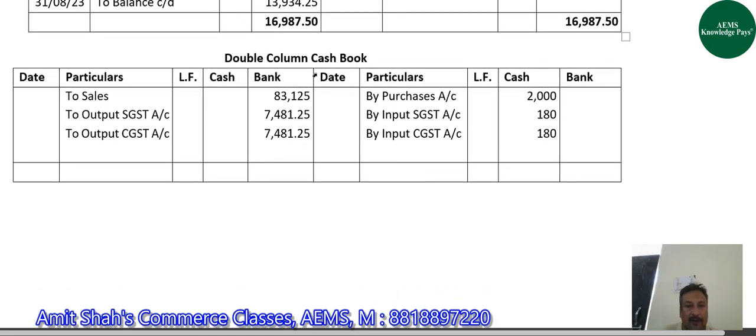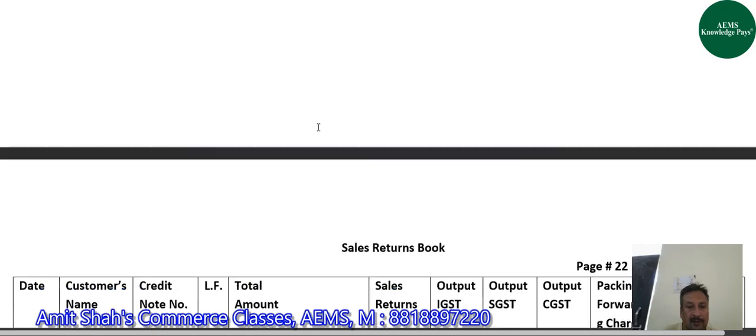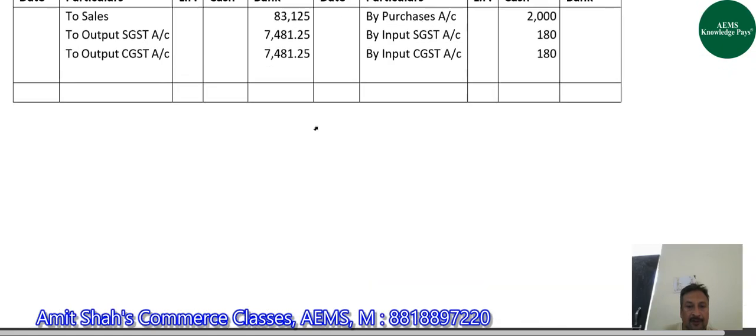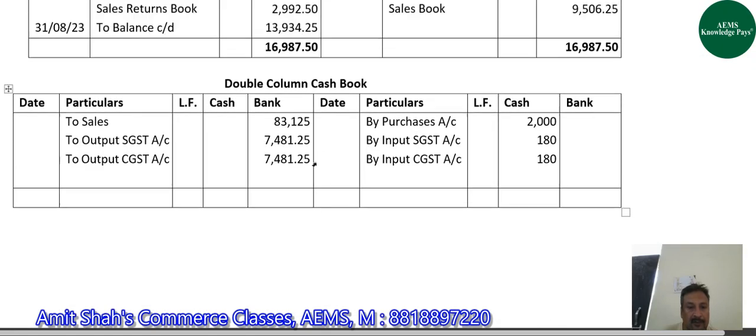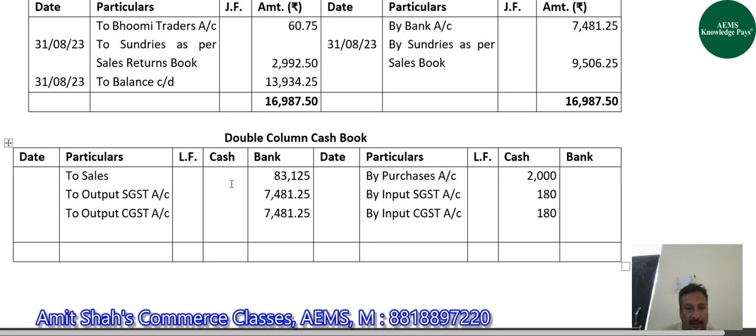Now we have double column cash book. This also needs to be closed. Okay, guys, we do not have any balance of cash given in this question at the beginning of August month. But obviously there must be, because without any balance, how can we make the payment of cash?